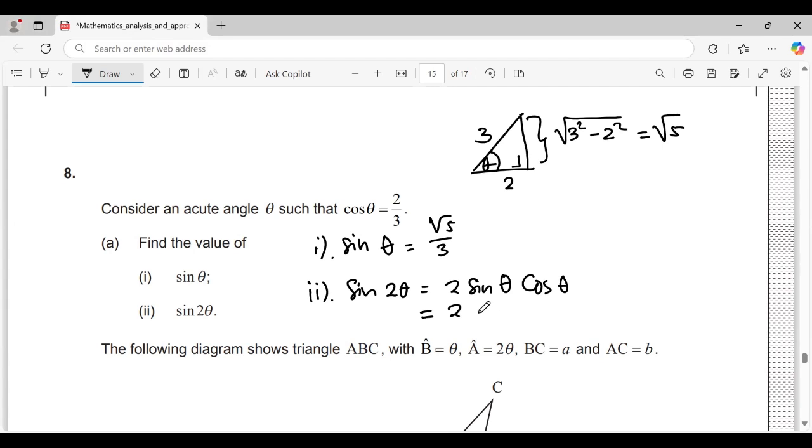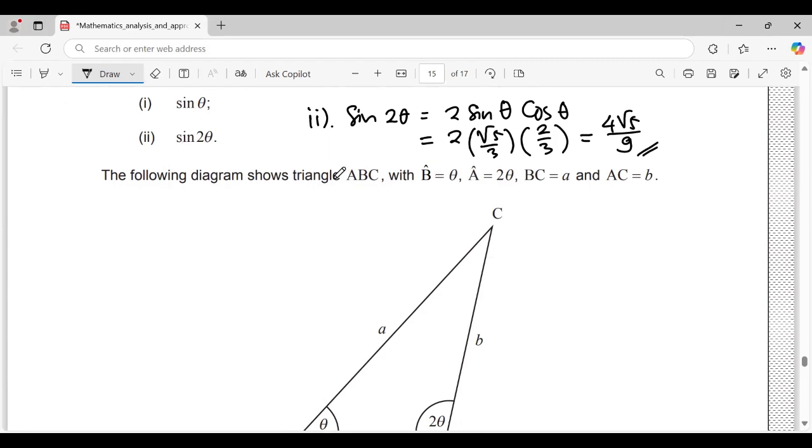So it means 2 times sine theta, which is square root 5 over 3, and cosine theta, which is 2 over 3. So the result is 4 square root 5 divided by 9. 4 square root 5 over 9 is sine 2 theta.